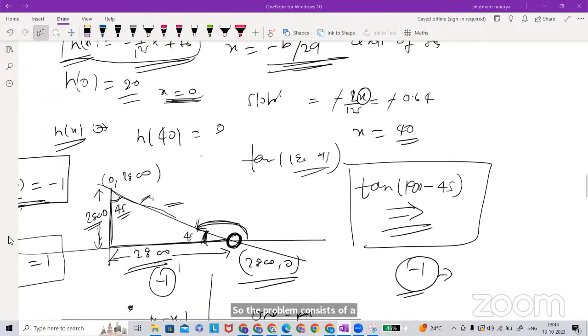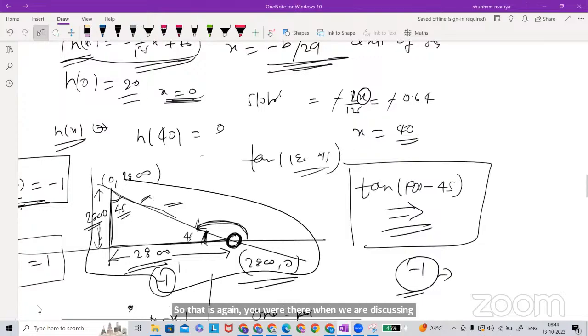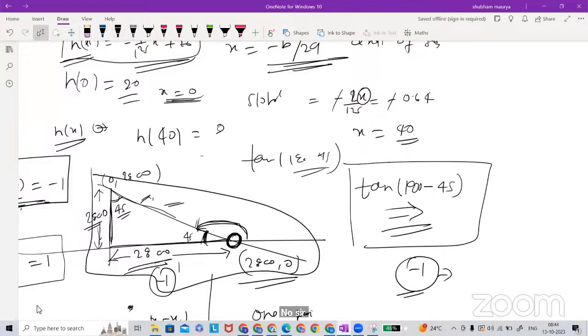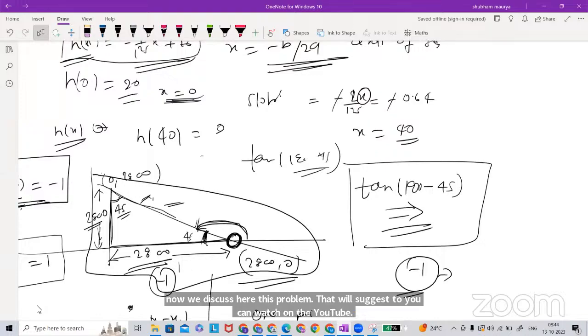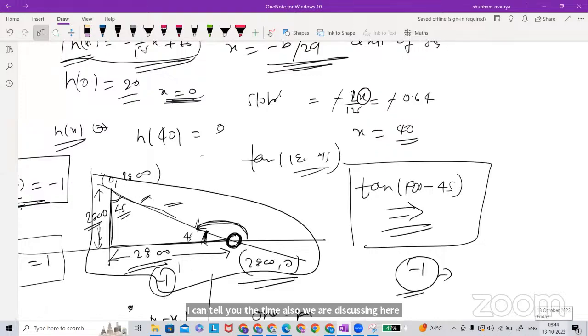I can tell you the time also. It will not take time because we have already tagged things. You can note the timing, and also there is a very quick way on YouTube.